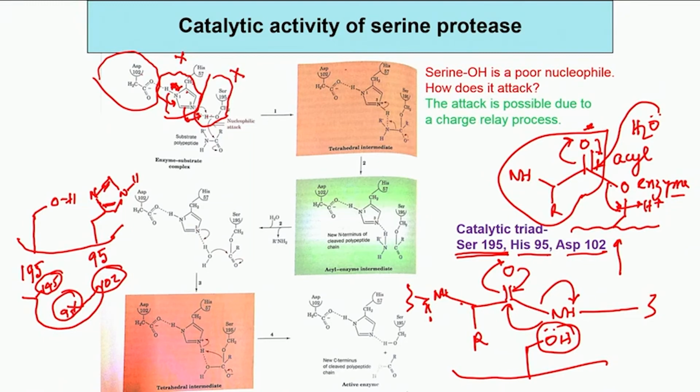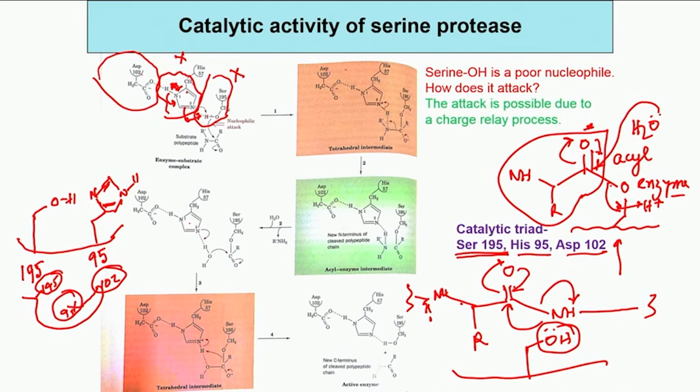Catalytic activity is also gone if you remove the other two, histidine or aspartate, and that was the beginning: when they removed aspartate, they found that the activity is decreasing. Then they removed the histidine and found that the activity is almost gone, and when they removed the serine, they found that the activity is lost completely.